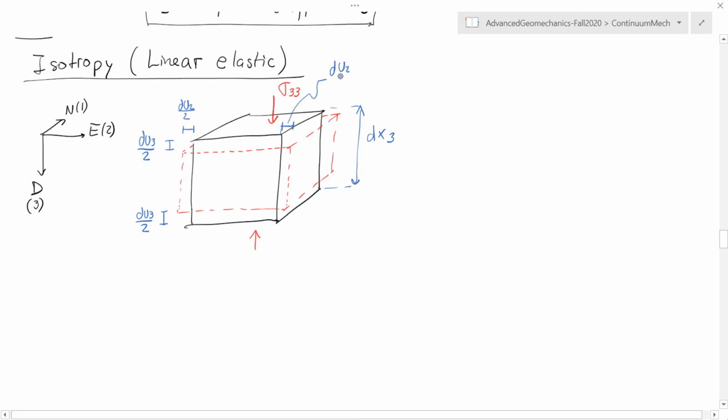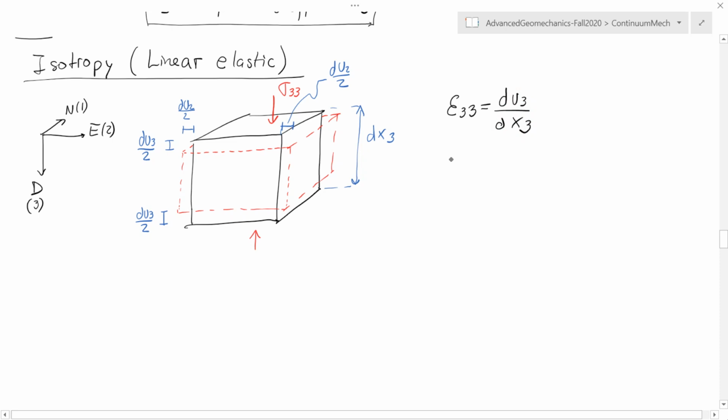And now with these definitions, I think that we are ready to define the elastic properties. As we saw before, the strain in direction 3 is equal to the change of length divided by the original length.